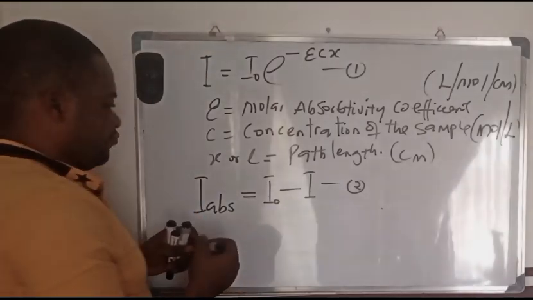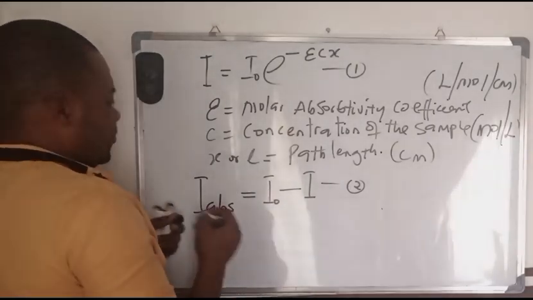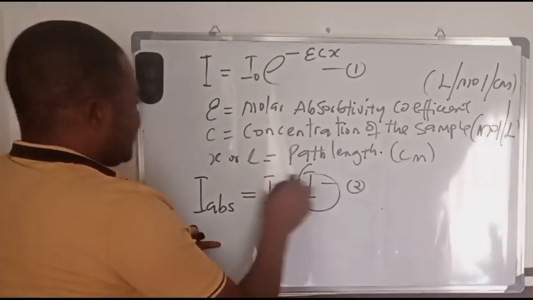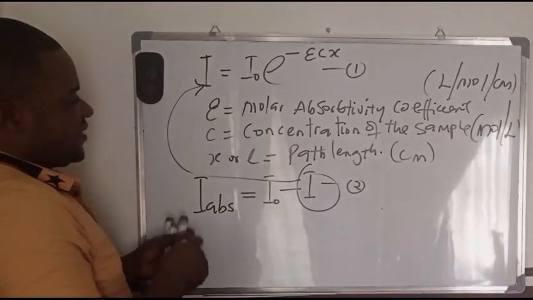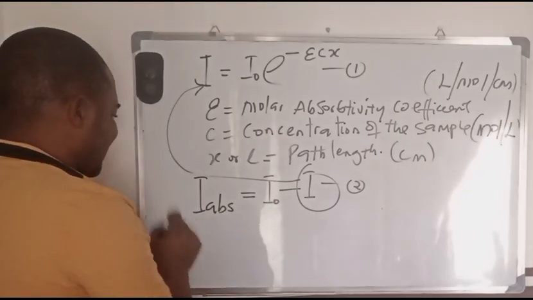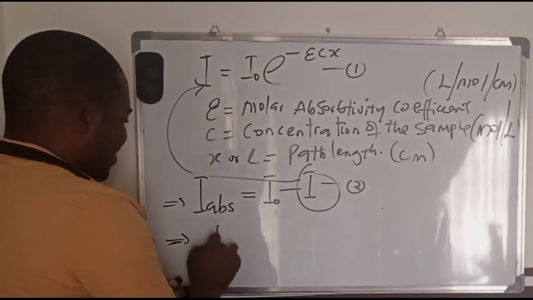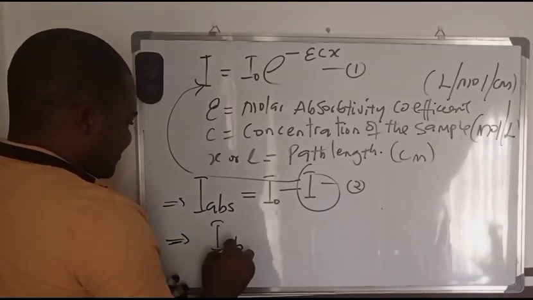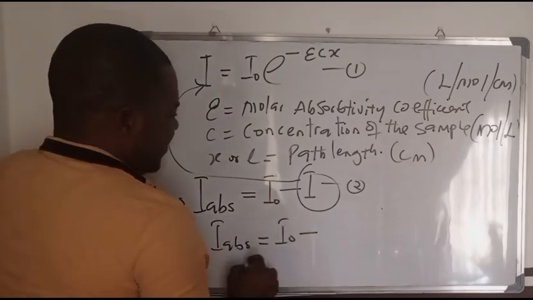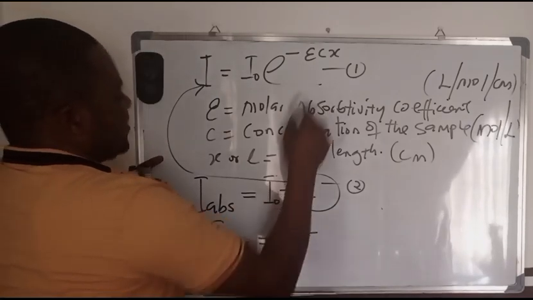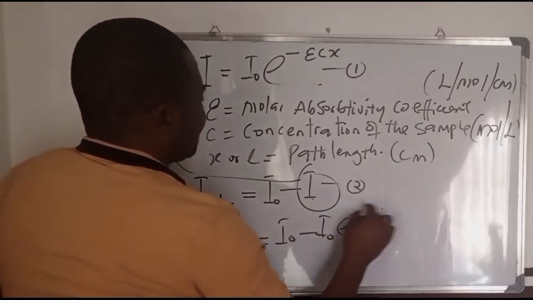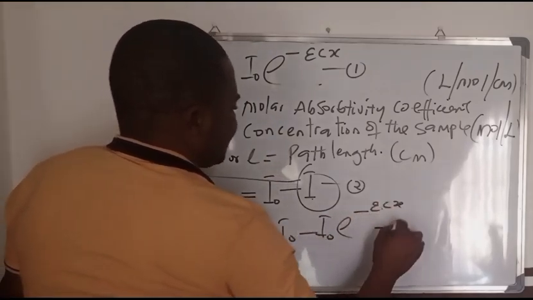Now, if this is true, we are going to substitute this equation for the transmitted radiation. So the intensity of absorbed radiation equals I0 minus I0 to the exponent of minus epsilon Cx.